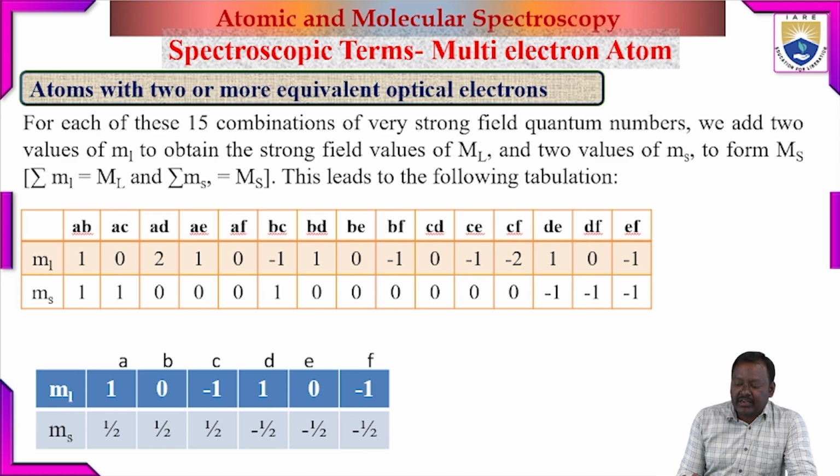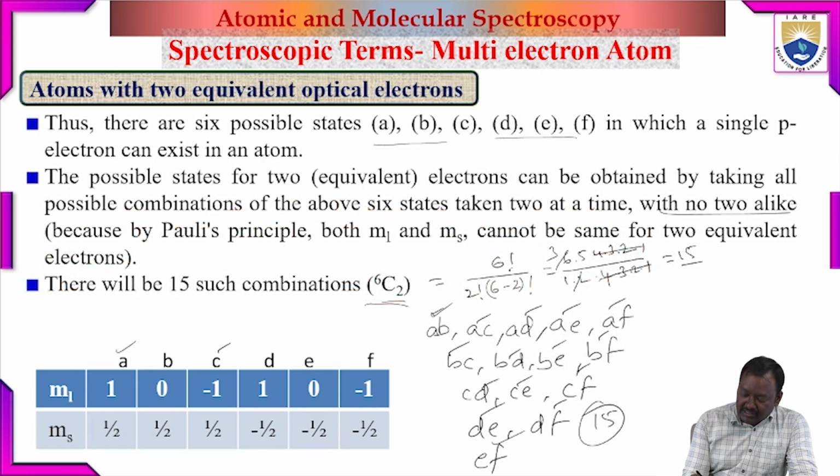So we need to add up the two values of ml to obtain the total ml value, and the values of ms are also added to form the total spin quantum number. Whenever one electron is in the A state and the other electron is in the B state, the orbital angular momenta add up and the spin angular momenta add up individually.